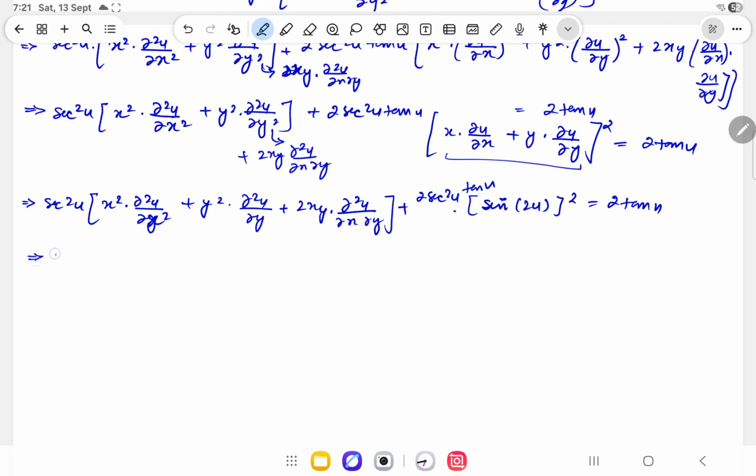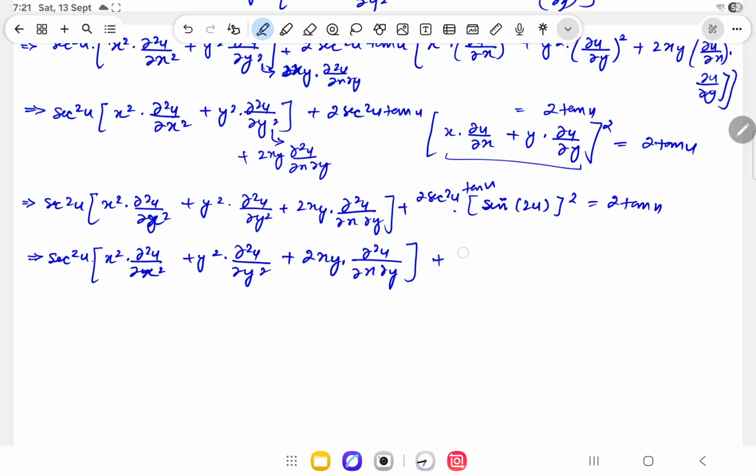So if we further simplify it, we'll be getting sec square u into x square into del square u by del x square plus y square into del square u by del y square plus 2xy into del square u by del x del y plus 2 into 2 by cos square u into sin u cos u into 4 sin square u cos square u is equal to 2 tan u.